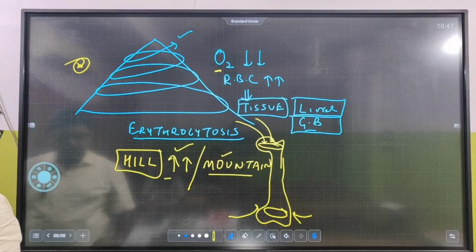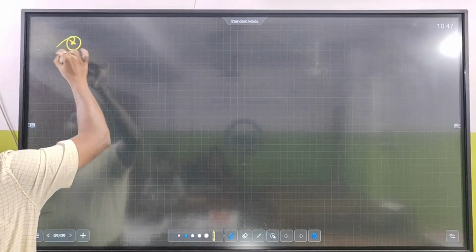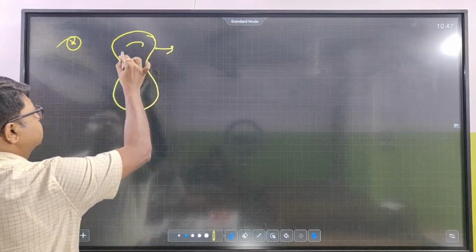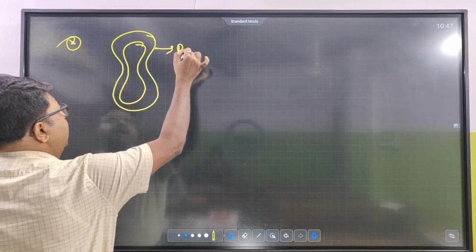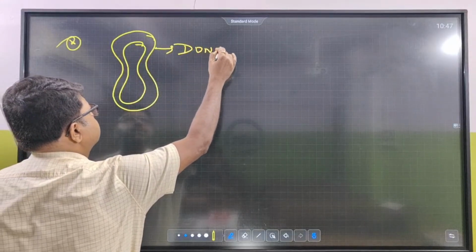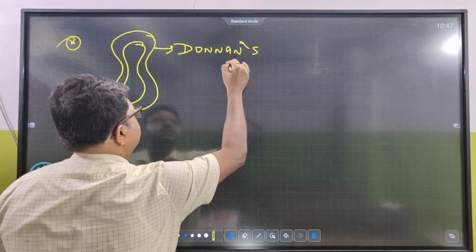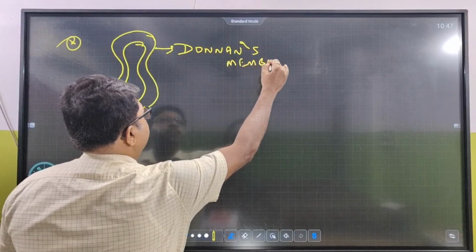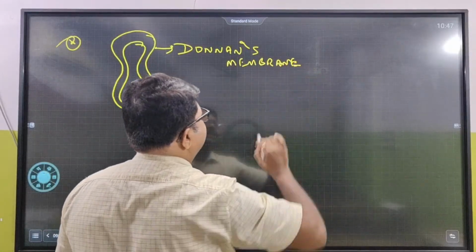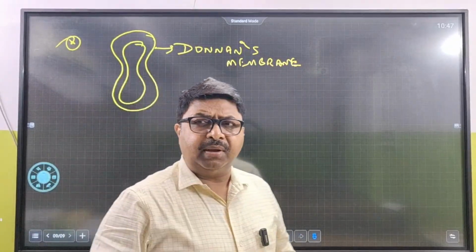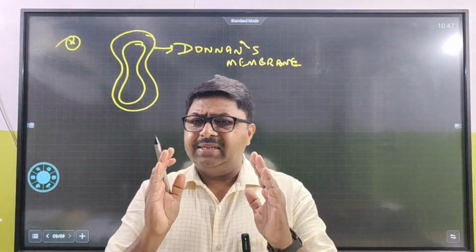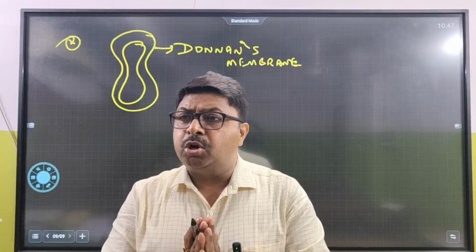Okay, and let's talk about the membrane of RBC. So this is hemoglobin inside. The membrane of RBC is called Donan's membrane. And I think you have heard in class 12 about sickle cell anemia. In sickle cell anemia, the RBC becomes sickle shaped because of a gene called the pleiotropic gene.